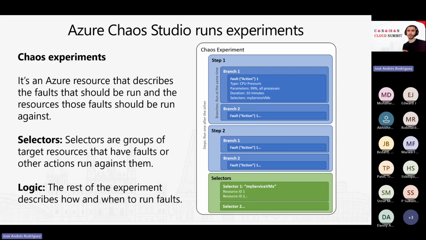Okay. Something that's very important to consider here is that when designing chaos experiments, you have branches and you also have steps. And it's very easy to understand because steps are sequential. I want to shut down virtual machine A, and then virtual machine B, and then virtual machine C, and it does it in a sequential manner.